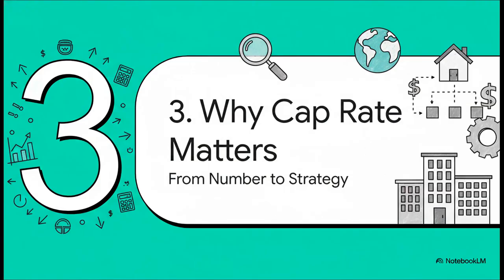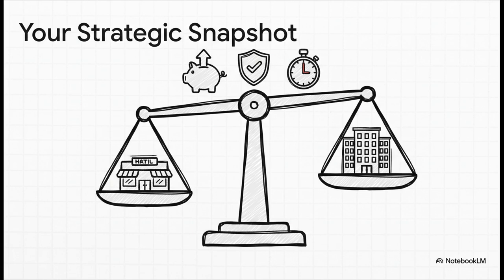All right, so now we know what it is and we know how to calculate it. But why does this one little number matter so much? Well, this is where we get to shift gears from just simple math to real, powerful investment strategy. Think of the cap rate as your instant strategic snapshot. It gives you a quick and dirty estimate of your expected return, and it helps you gauge the risk.